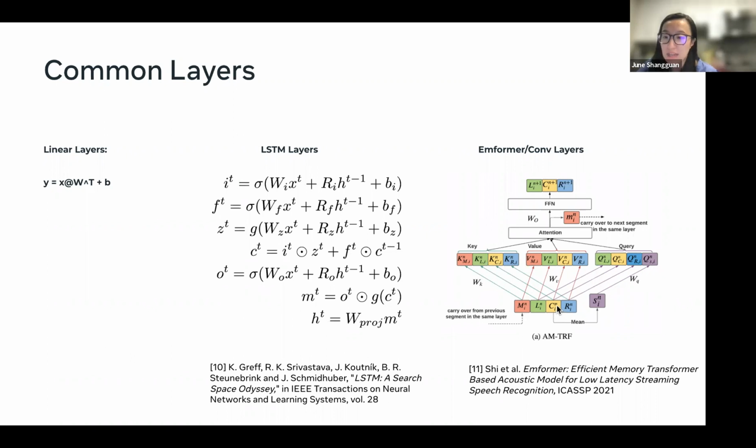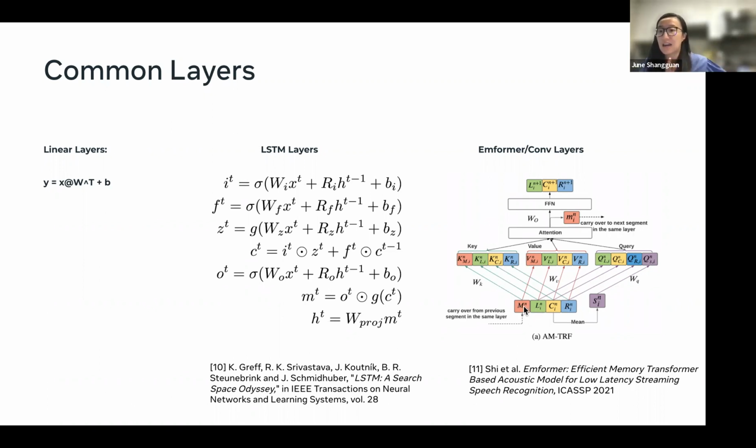The way you achieve that is that you chunk the audio input into chunks C, and then you fix the left context L. You have some access to right context, let's say 1 frame in the future. And then you also append something called memory blocks, which are carried over from the previous layer and previous segment. Here are the typical key, value, and query matrices and the attention mechanism. The attention only reaches the left context, and the memory block is kind of a history.